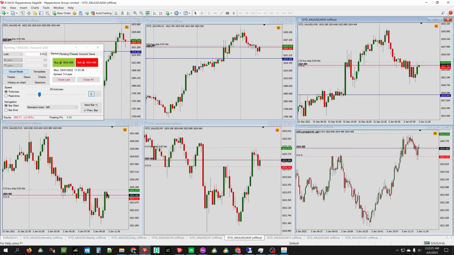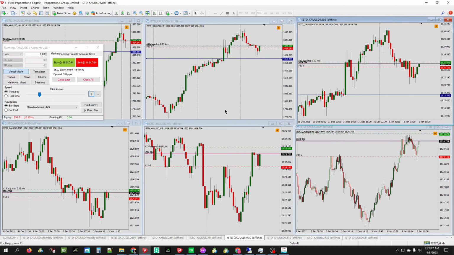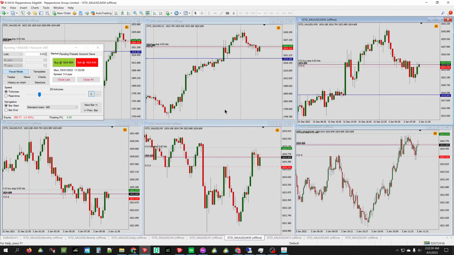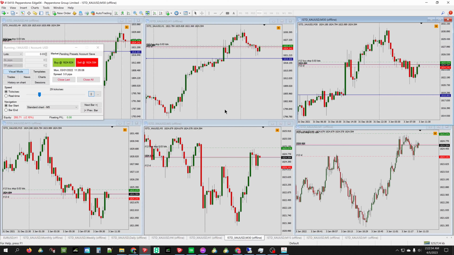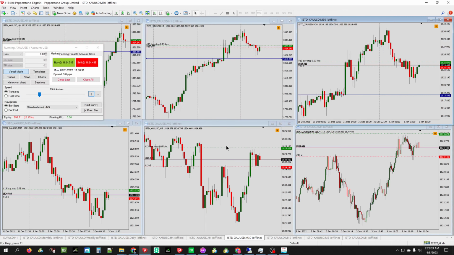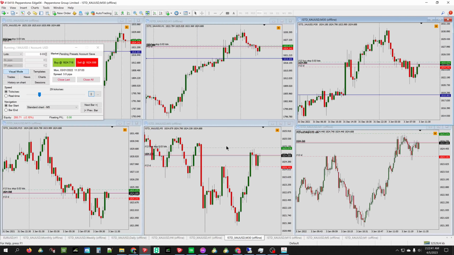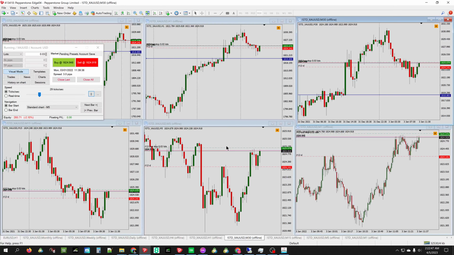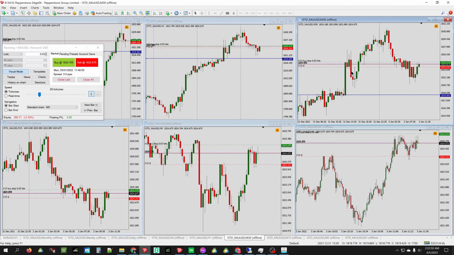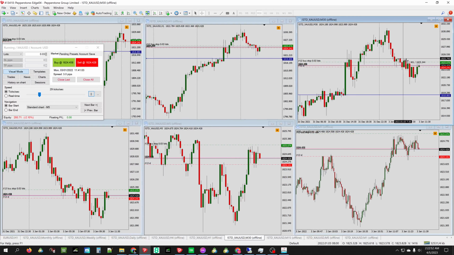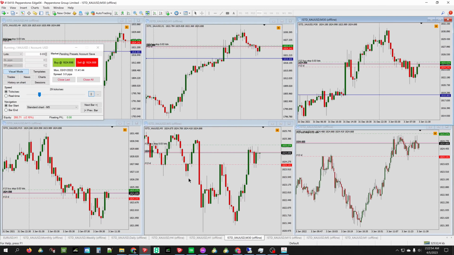If we break above this M15 candle high, this is essentially a B grade setup, but a B grade setup will appear above these M30 highs and above this M15 high.